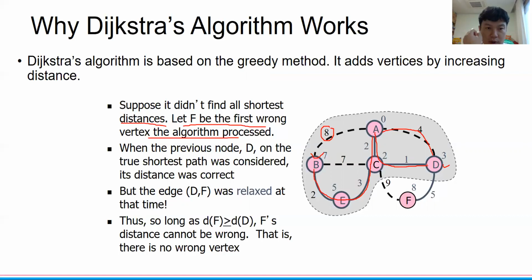So we can say that the edge was relaxed. Okay, so when the edge is relaxed, of course, now we want to explore any possibility to that particular node, and the distance cannot be wrong, so there is no wrong vertex.